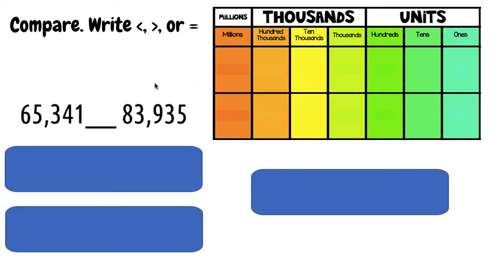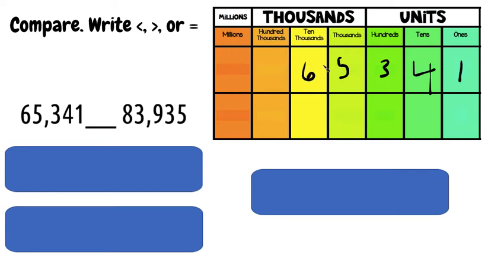It's going to seem a little silly, but I have the number 65,341, and let's say it's kind of challenging for me to know what box to begin in. When I'm writing my numbers in the place value chart, I always start with the smallest number. So I have a 1, a 4-digit, a 3-digit, and then I have a 5-digit and a 6-digit.